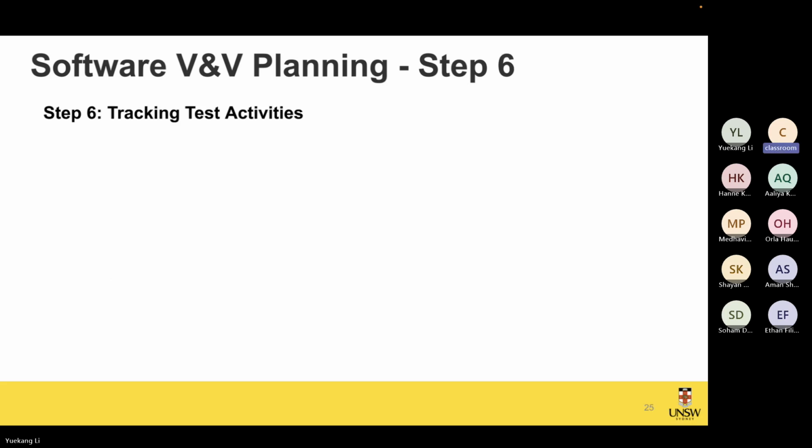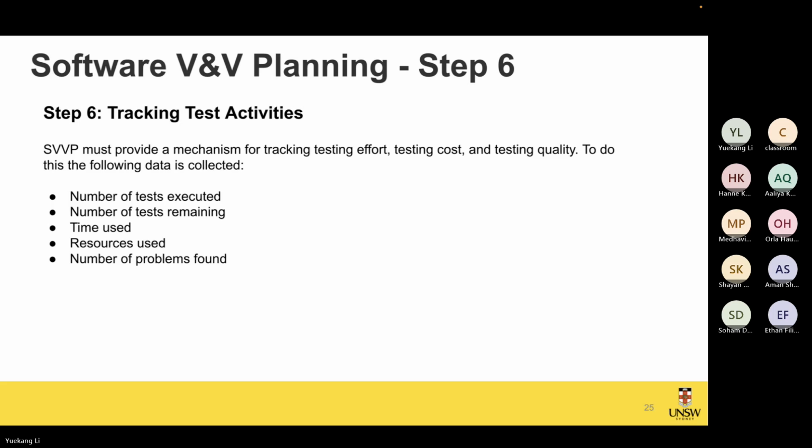And the sixth step is that now we have got problems and we are keeping track of the problems, but in the real world, we also need to track the testing activities. So we may need to track the number of test cases executed. We need to track the time used. We need to track the resources used and problems found, these kinds of things.